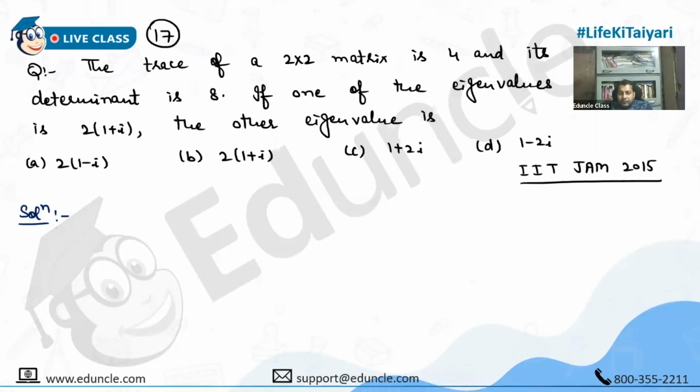Yes, Aditya. Yes, Abe, Humera. Because trace and determinant both are real, so obviously the eigenvalues will be complex conjugates of each other. Na? Only then the sum and product can be real.